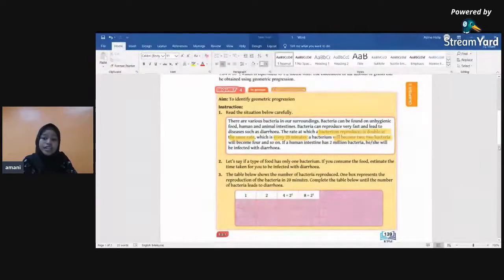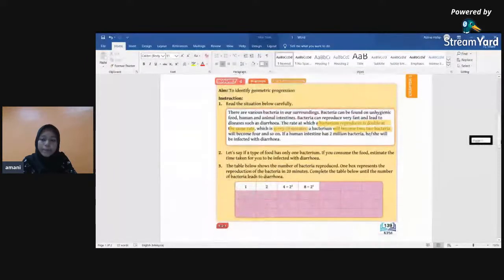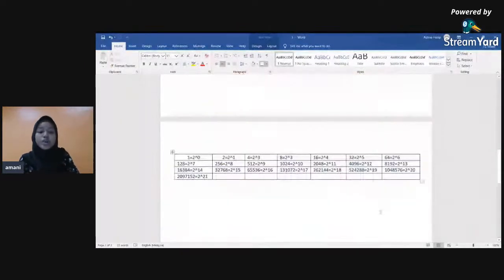So here is the answer, I've already completed the table. So look at number 1. 1 is equal to 2 to the power of 0. So you need to take the value of 1 and multiply it by 2 to get the answer. For example, I take the value of 8.